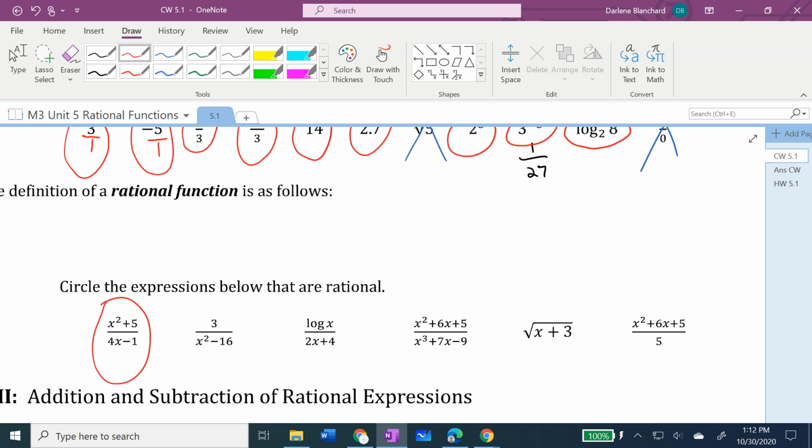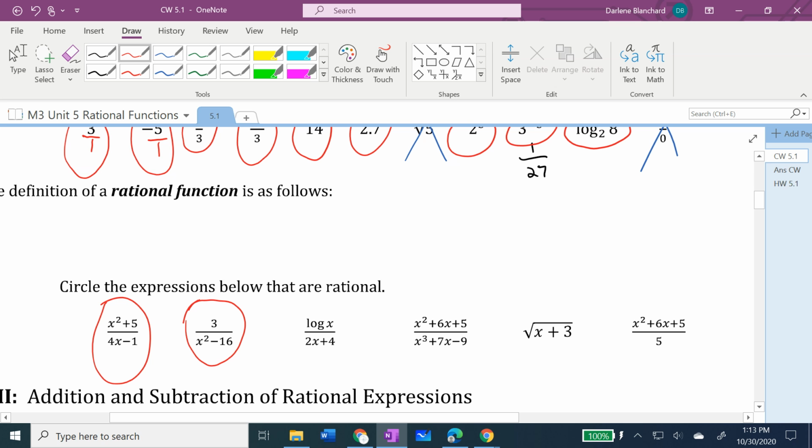Do you remember that when we first did polynomials, 5 was always that hanging out polynomial. A number by itself is still a polynomial. So this is a polynomial divided by a polynomial.